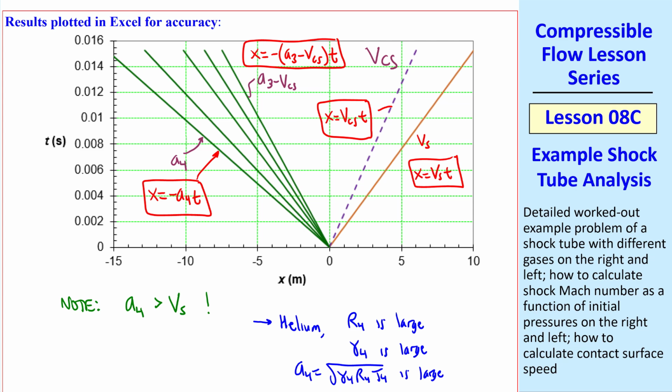So it turns out that the leading wave of the expansion fan hits the left wall before the shock hits the right wall, and you can see that this point is a little bit higher than this point, but they both hit their respective walls at approximately the same time. In the next lesson, we'll examine what happens to this shock when it reflects off of this wall.